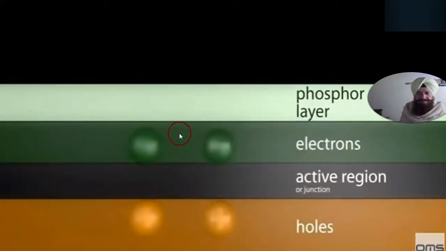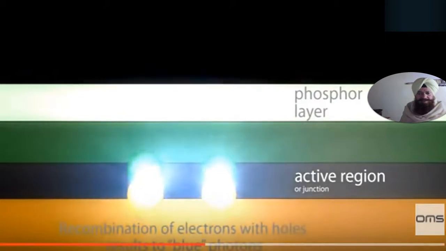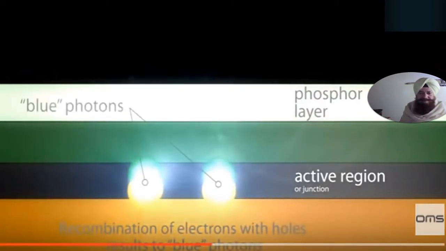Now what happens? There are electrons in the N-type and holes in the P-type. They start diffusing, come into the junction and mix. They neutralize each other, and what happens?